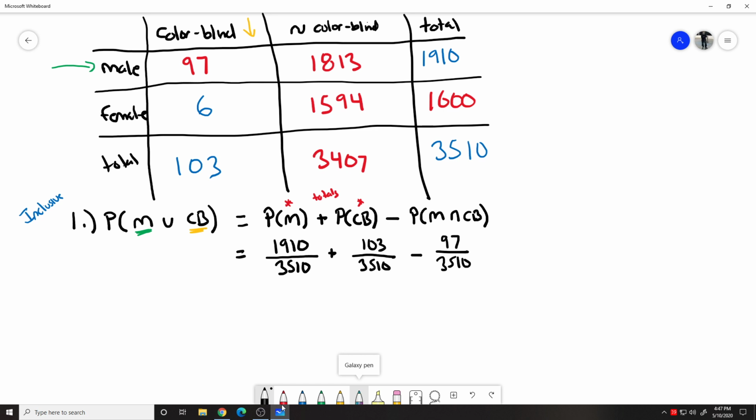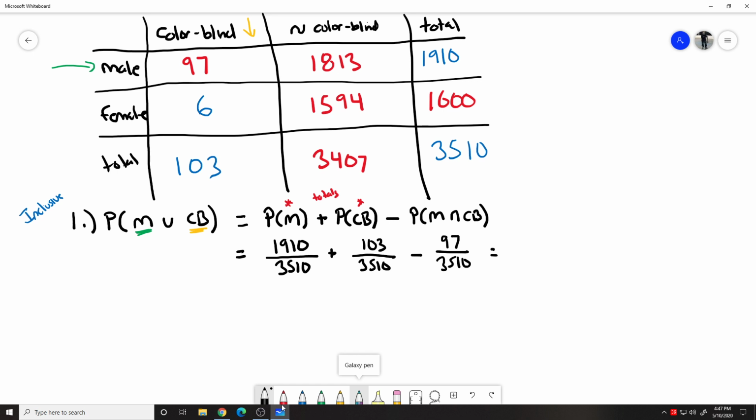Now, hopefully you understand why we're taking away this way. Because in my 1910 and my 103, that 97 is included in both of those totals. So if I don't take one of them away, I'm counting them twice. And I don't want to do that. I want to get proper odds. So this is real simple. Your denominators are all 3,510.